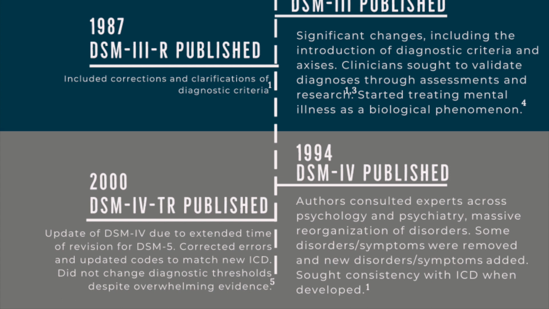You're going to get some errors, updated codes to match the newest version of the ICD, and even though research since 94 had come up with different diagnostic thresholds for various conditions, none of that was changed. So this was not meant to be a dramatic overhaul. They didn't want to engage in the giant conversation that would ultimately be had before the DSM-5 was published.